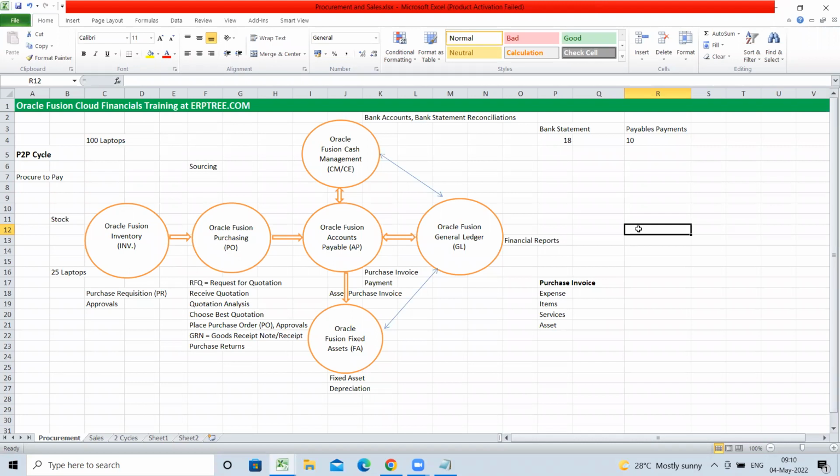If it is an RFQ, they can inform the supplier, we need a quotation on so and so item, and please provide the quotation by tomorrow. If you send the quotation after tomorrow, we don't consider that valid, because by day after tomorrow we are going to do the quotation analysis to choose the best quotation. This is how you can pass that information in the RFQ also.